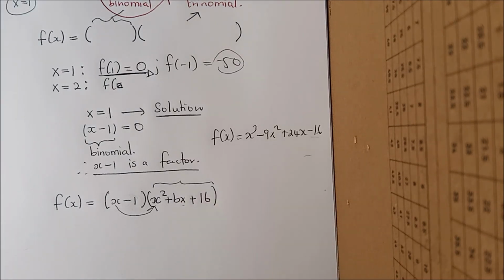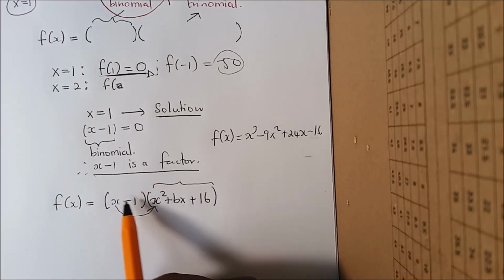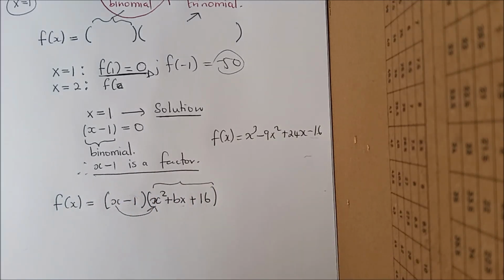So now how will we get that value of b? To get that value, you need to FOIL the whole thing. But foiling wastes time.